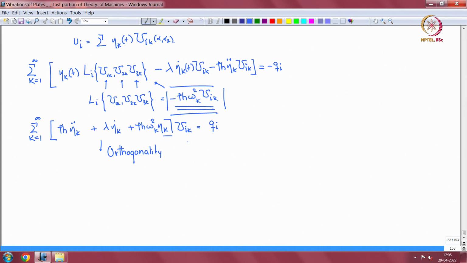If we use orthogonality, what do we get? We multiply here by u_i of another mode number, p, and integrate.